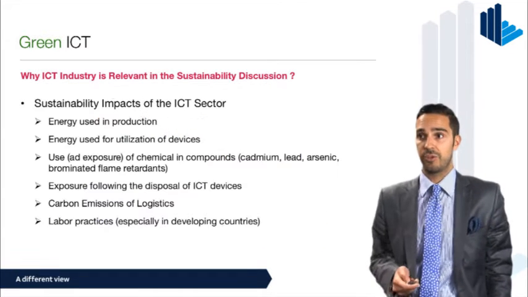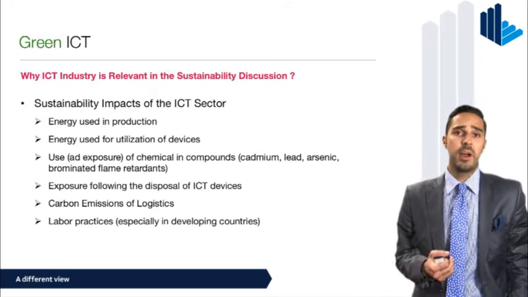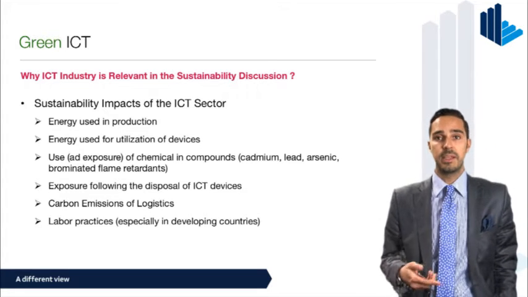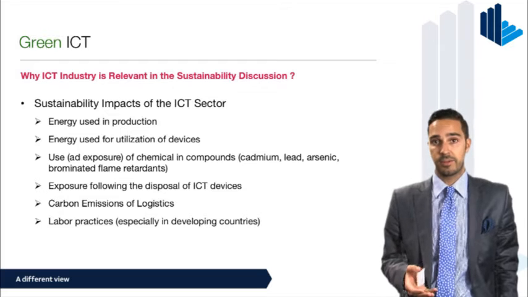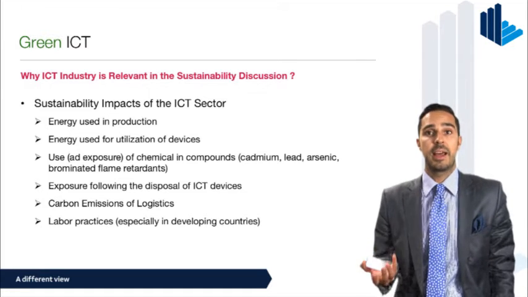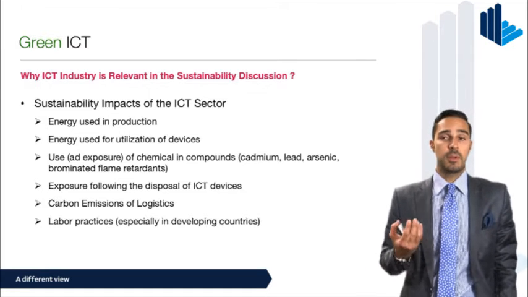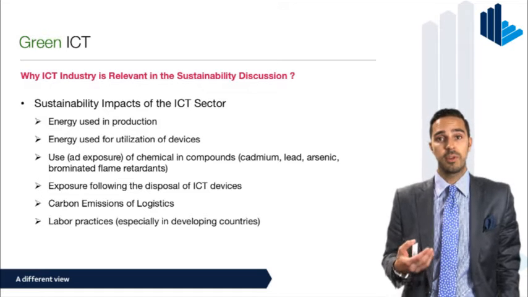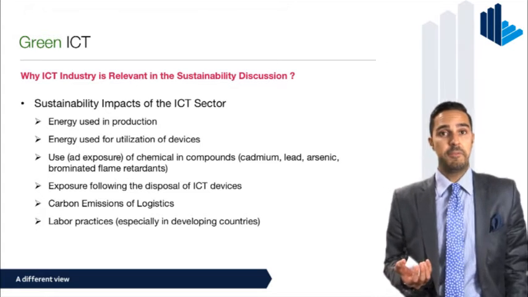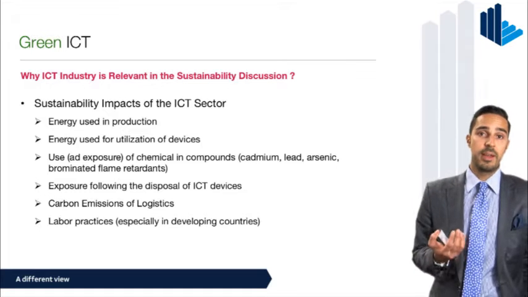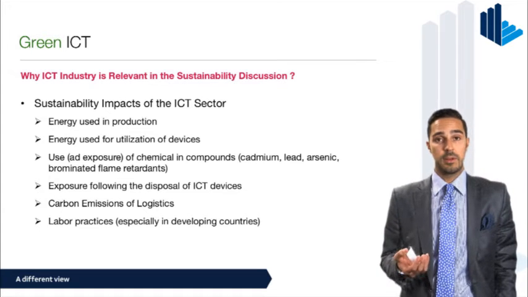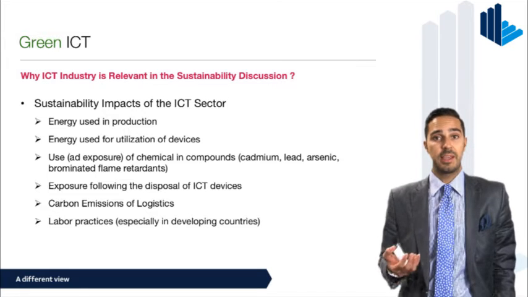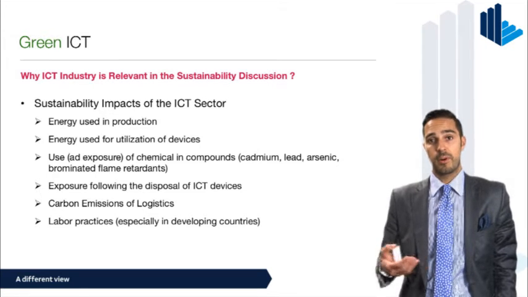So this is an industry that is growing and therefore can play a role in the sustainability discussion. Now, what are the specific sustainability impacts of the ICT sector? There are a number. The first and main one is related to the use of energy. In fact, the energy used in production is one of the key areas of environmental impact.